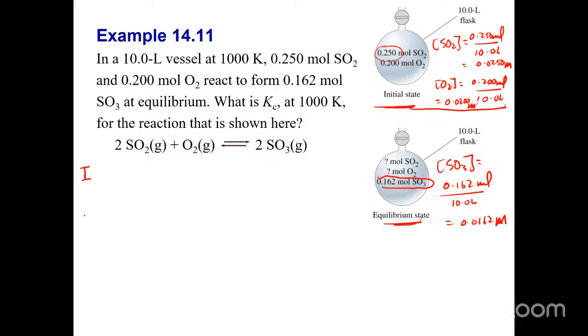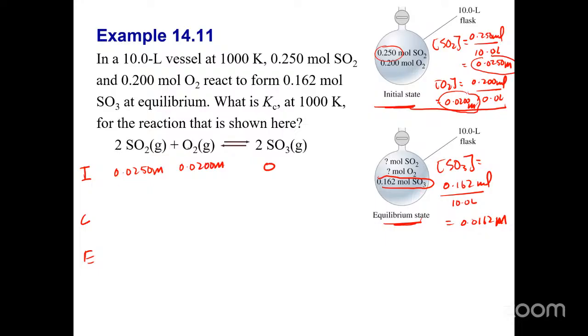Initial, change, equilibrium. What we do first is write down the initial concentration values here, which we just calculated for the SO2 and the O2. So for SO2, it's going to be 0.0250 M, and for the O2, it's going to be 0.0200 M, and for the SO3, nothing, because there was no SO3 there to begin with.